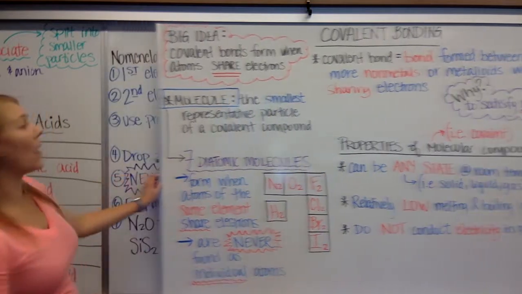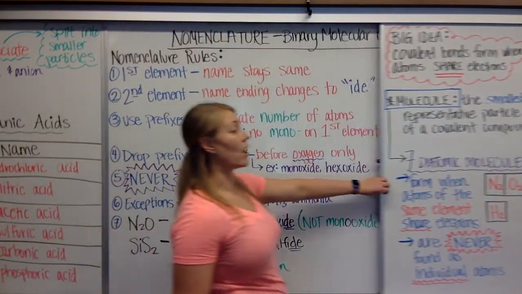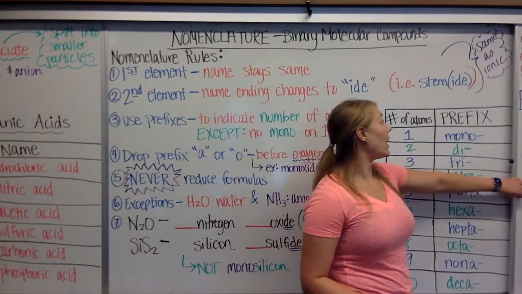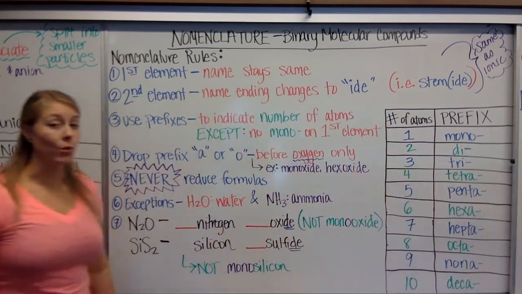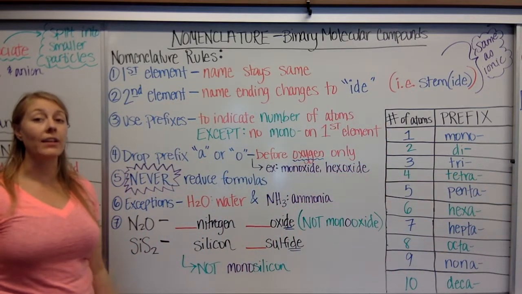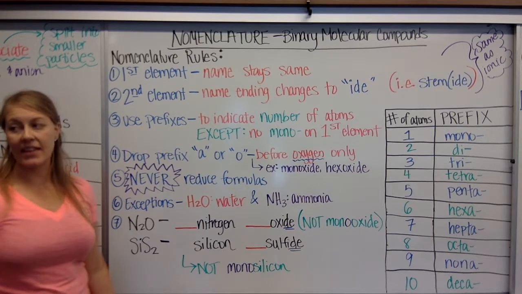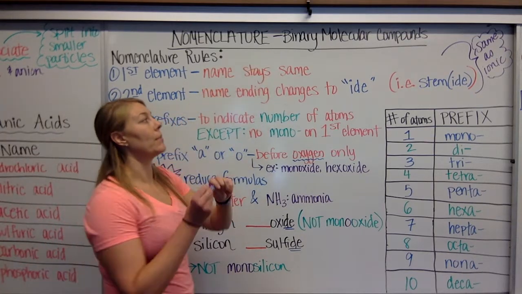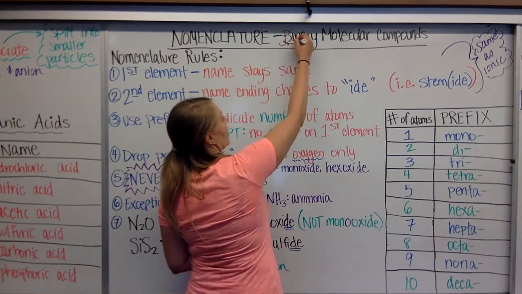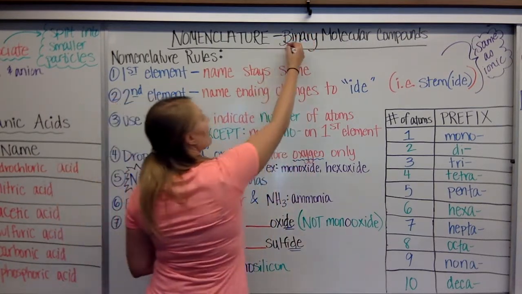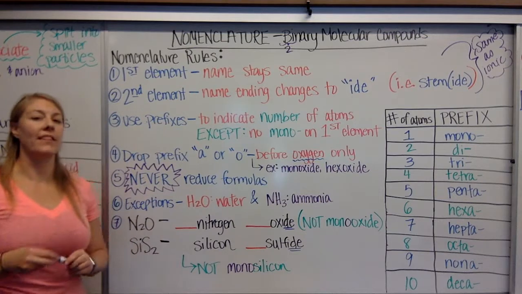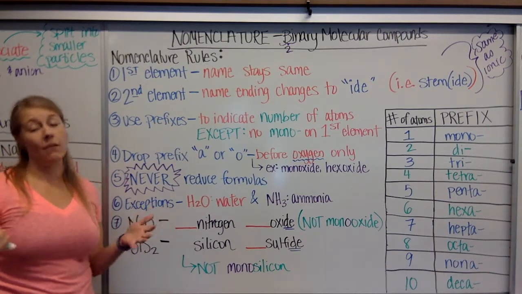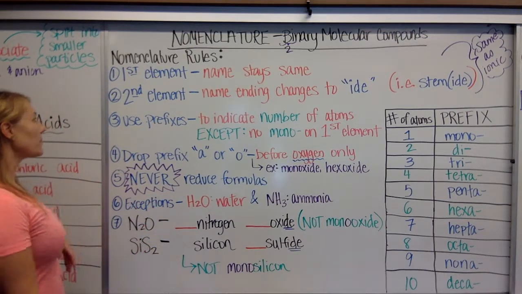So we're going to take a look now at how to name covalent compounds. There are a few rules, but I will say that nomenclature for molecular compounds is easier than for ionic. We're only going to be naming binary molecular compounds. Now remember, the bi here means 2, okay? So these are molecular compounds that happen between 2 atoms, not more than 2, okay?